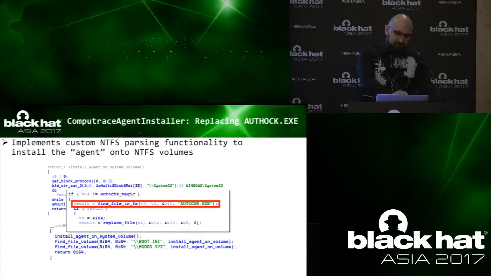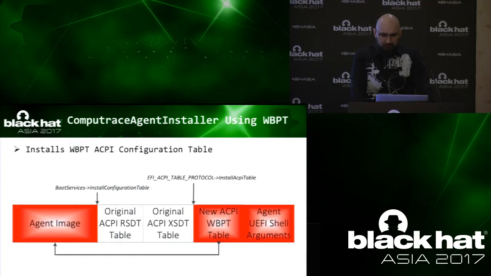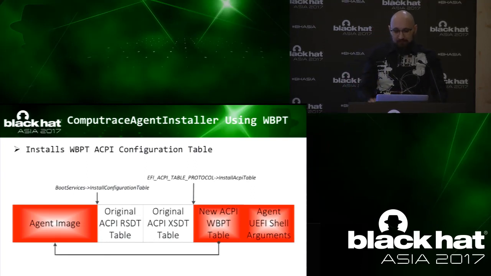Here you can see it finds the specific file autochk.exe, and we also reconstructed the layout of the ACPI tables in memory. It looks like this: you have the agent image and 4 specific ACPI tables related to the Computrace agent installer.